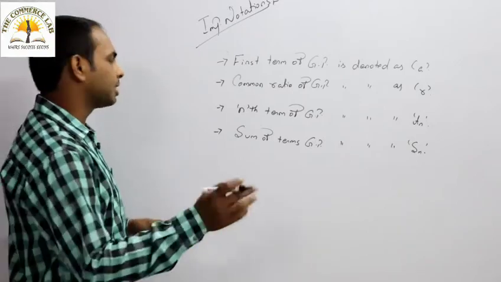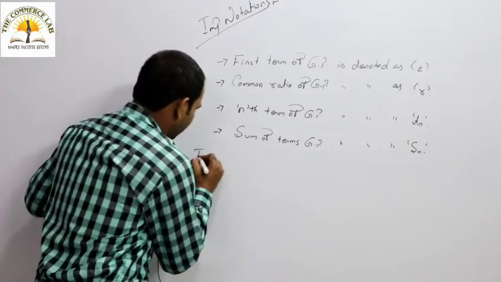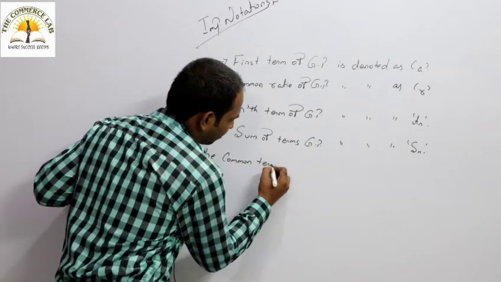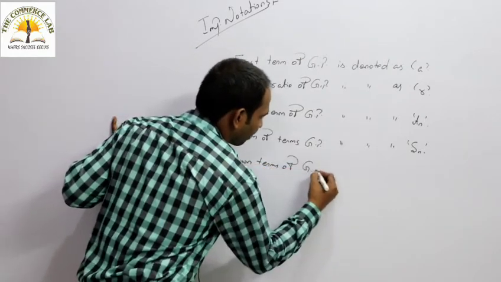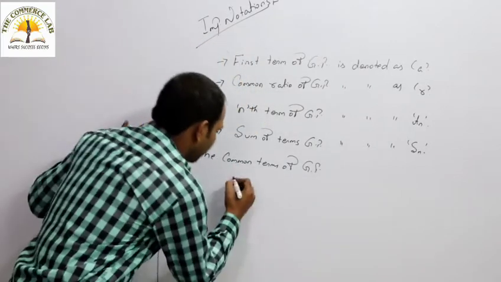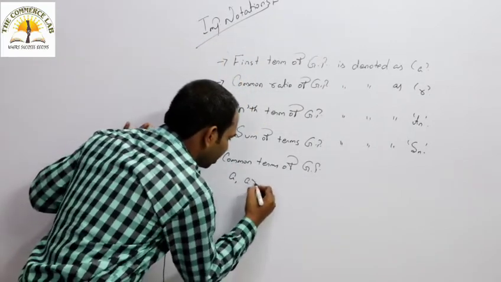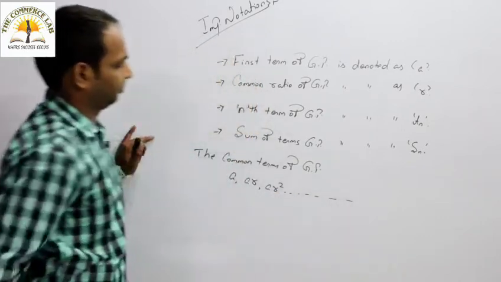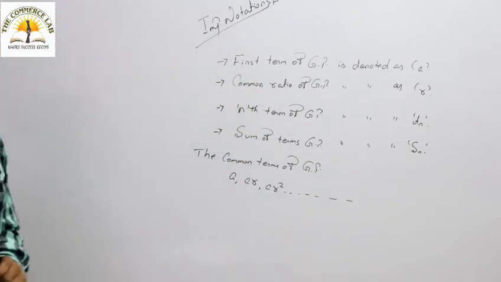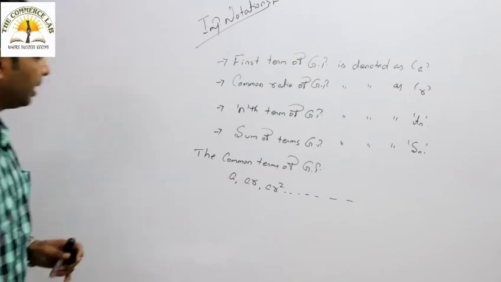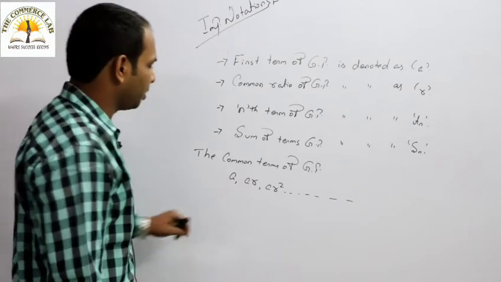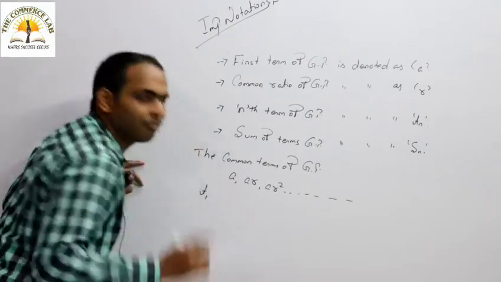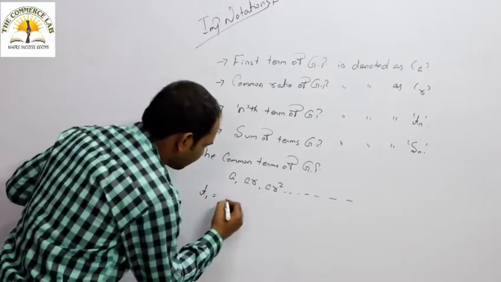The terms of a GP are a, ar, ar square, like this. From this we can derive: T1 is the first term, that is a.